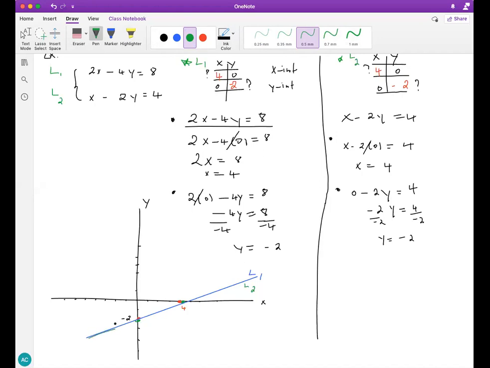Both of these lines, or the red line actually, blue and red, okay, the green.